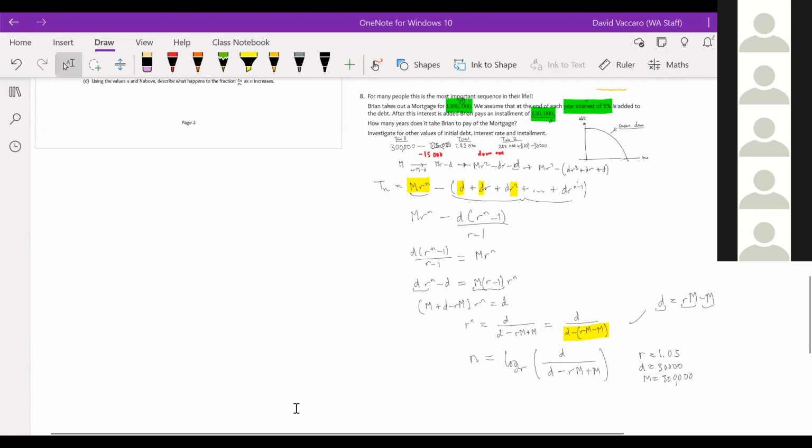Always a good skill for a physicist to get a ballpark figure. So do you think it's going to be 5 years?